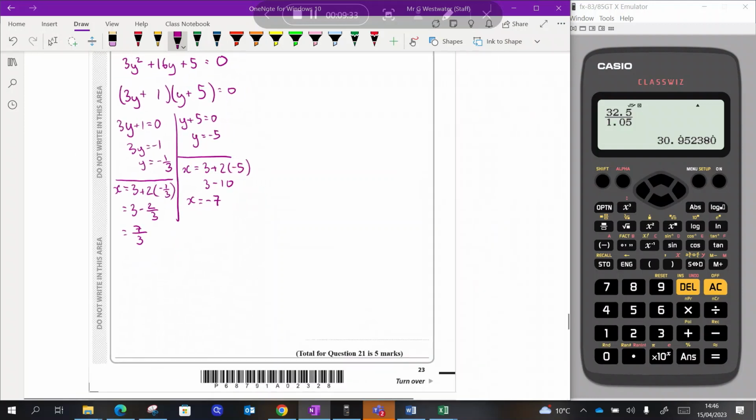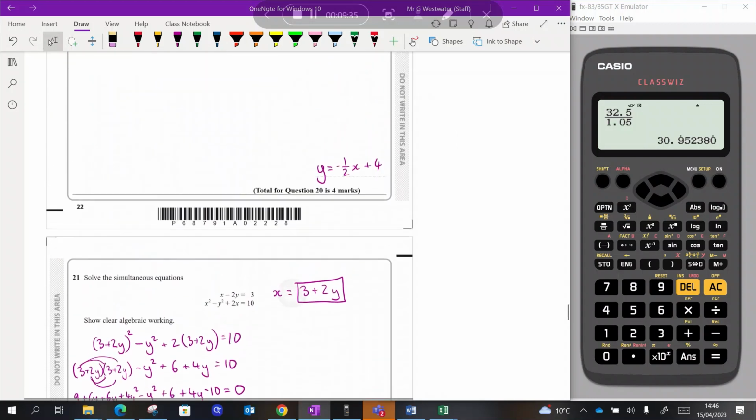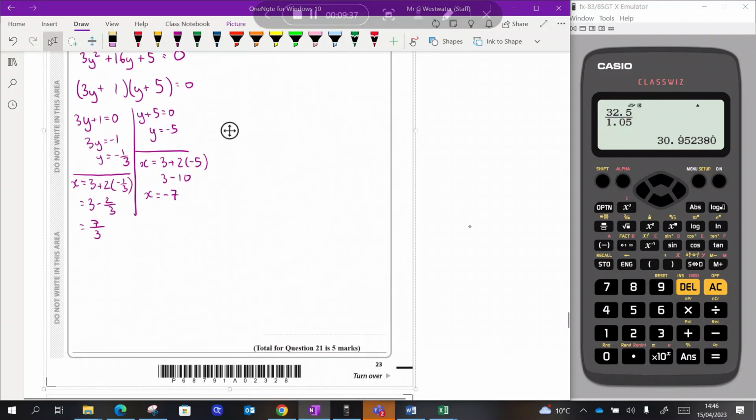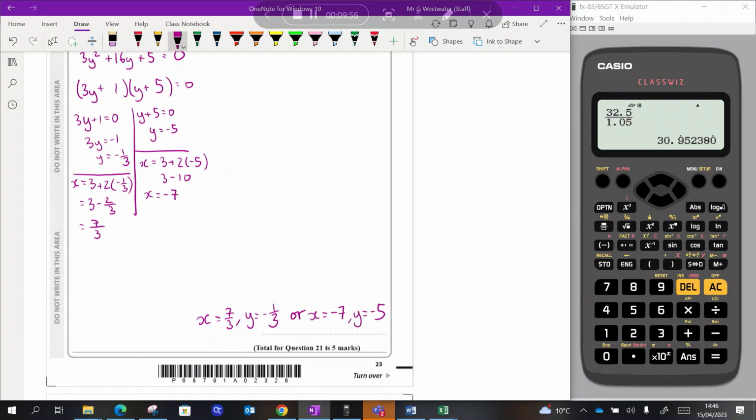So our coordinates, or does it ask for coordinates? No, there's no coordinates here, it's just interpreting this logically. So either x equals 7 over 3 and y equals minus a third, or x equals minus 7 and y equals minus 5. Okay, two sets of solutions, or two pairs of solutions.